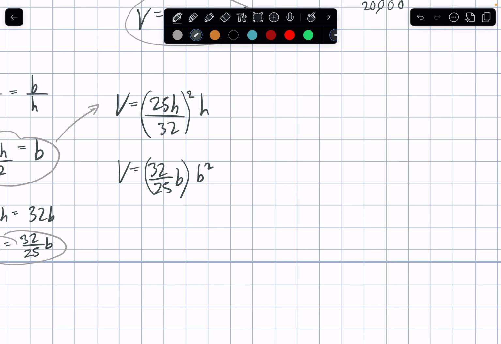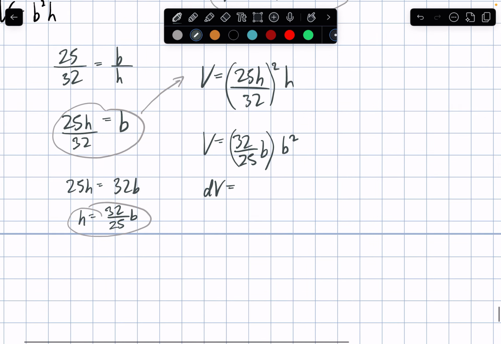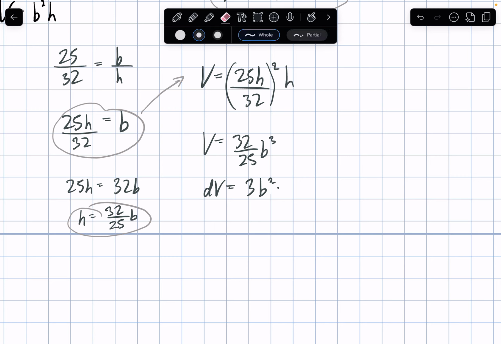And from there, we find the derivative. We could rewrite this as b cubed. So power rule, 3b squared times, you place a constant here, 3b squared times db over dx. This db over dx is actually our dB, the error.